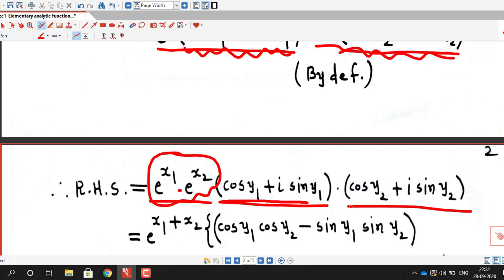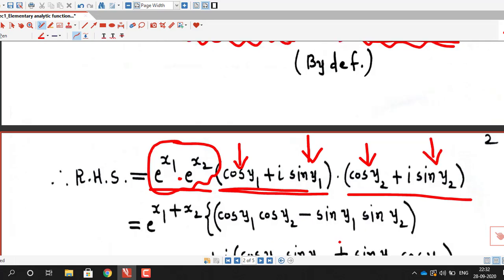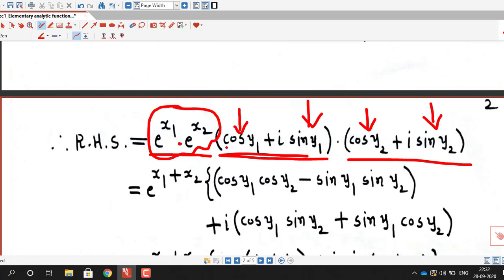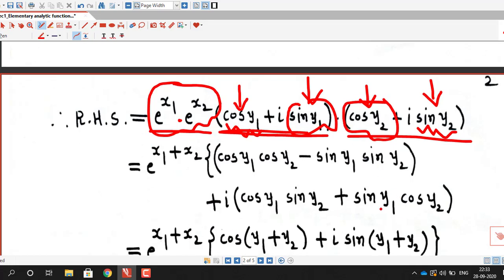Now the product is cos y1 into cos y2 minus sin y1 into sin y2, plus i times cos y1 into sin y2, plus sin y1 into cos y2.